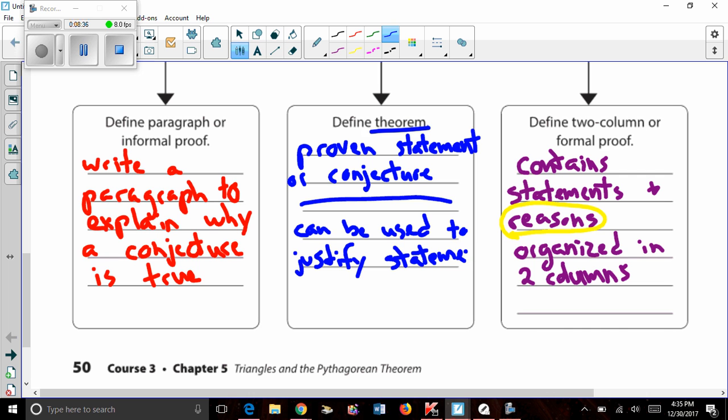So once we have something that's proven, we can use that in order to make further statements in other proofs, and it keeps it logical and formal. So with these definitions we have here, again, pause, go back, and make sure you have each of these pieces. I'm going to move on to the next page, and on that page, we're going to see what a two-column proof looks like. And we're going to talk about what task you guys are going to be expected to do.